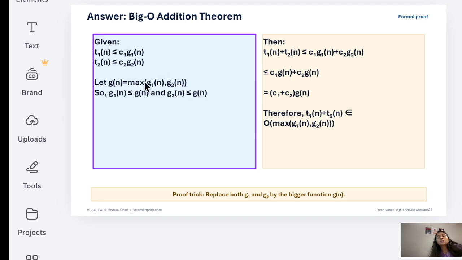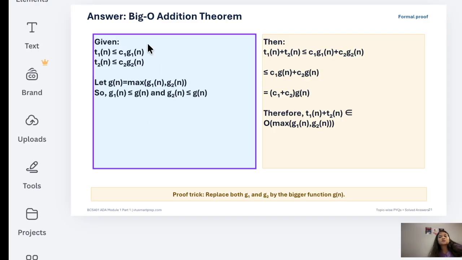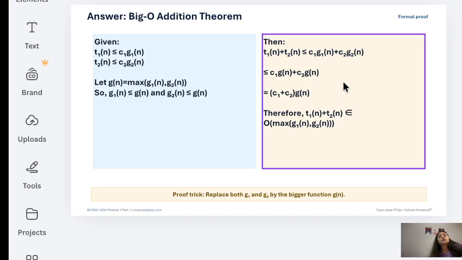Why? Because whichever is the bigger term, the same value we are going to write for g1 and g2. Is that clear? Next, let's understand how we are going to prove it. This was the given thing. Now we are going to prove it.